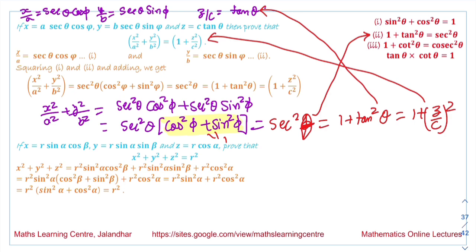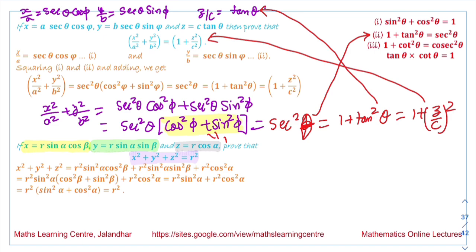Next we have x is equal to r sine alpha cos beta, y is equal to r sine alpha sine beta, and z is equal to r cos alpha. We have to prove that x square plus y square plus z square is equal to r square.